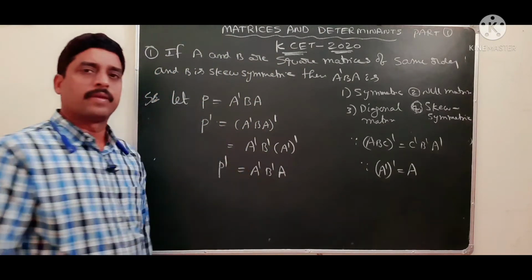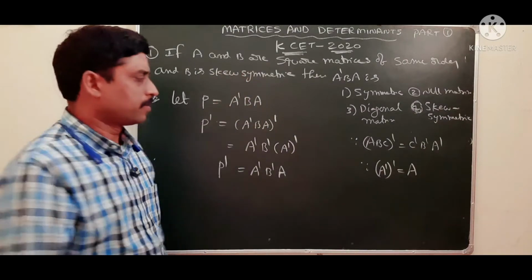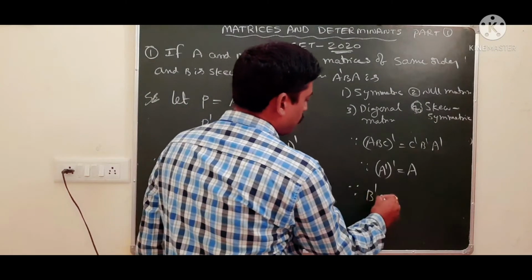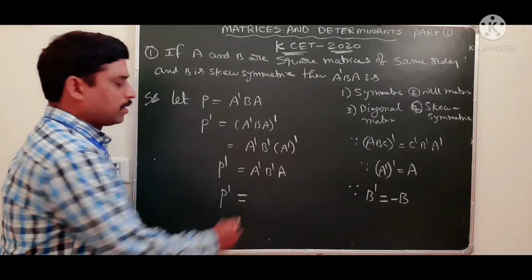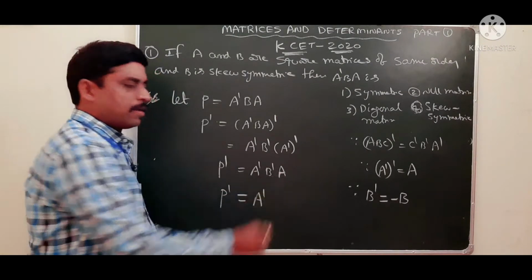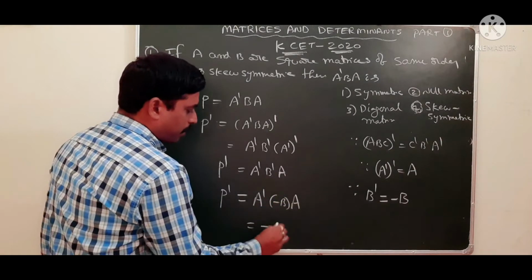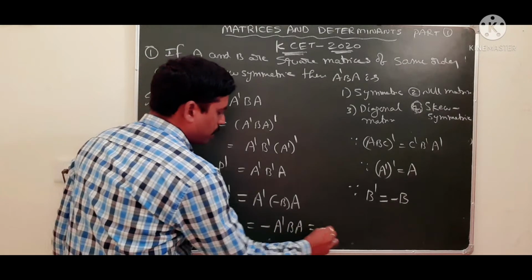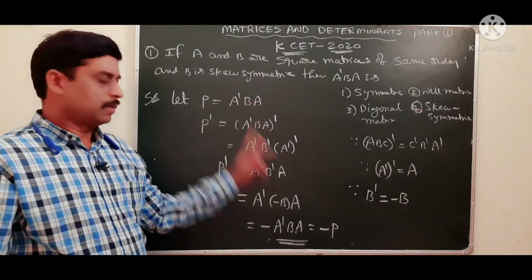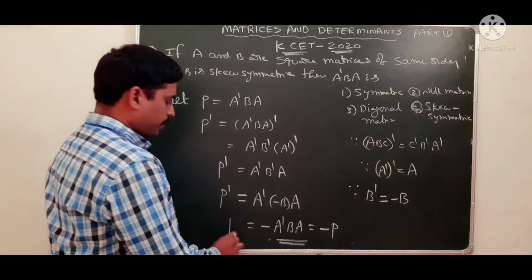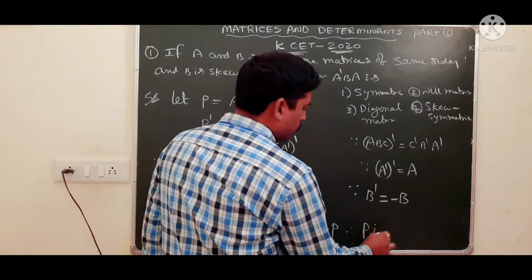This is P dash. But from the statement, B is a skew symmetric matrix, so B dash is equal to minus B. Now P dash is equal to A dash into, in the place of B dash we write minus B. This is nothing but minus A dash BA, which is equal to minus P. Therefore P dash is equal to minus P, so P is a skew symmetric matrix.